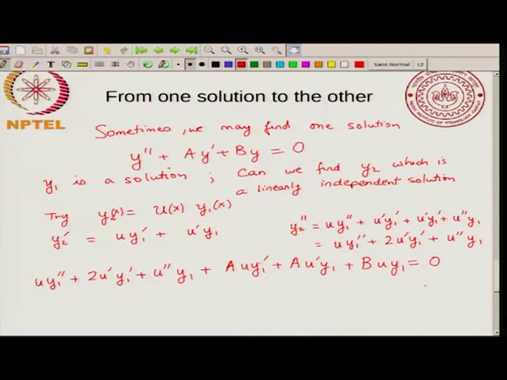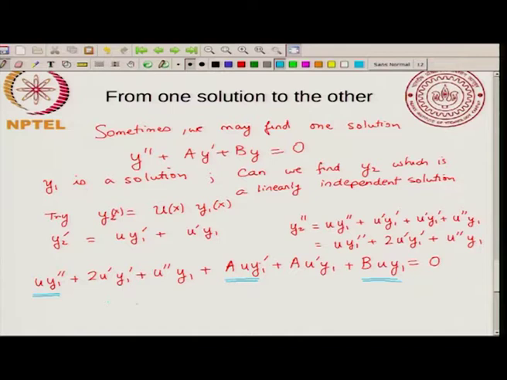Okay. Now you look at these terms. I will just highlight them in blue. So I look at this term, and this term, and this term. Each of these terms has a u.